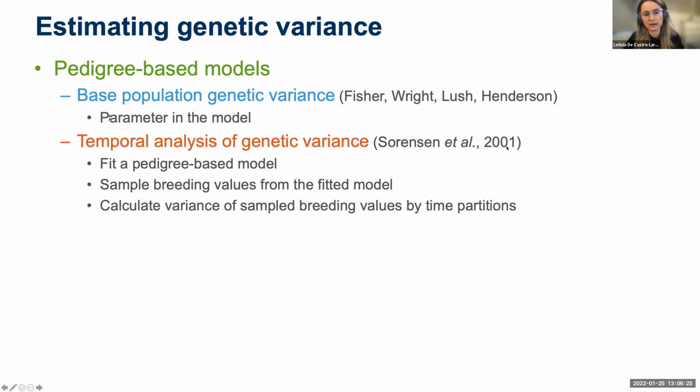In 2001, Sorensen and collaborators presented a method for temporal analysis of genetic variance, which consists of fitting a pedigree model, sampling breeding values from the fitted model, and then summarizing these sampled values by some time partition to get genetic variance by time. You will see we repeat these steps a lot in this presentation because they are the main steps to partition genetic variance at different levels.